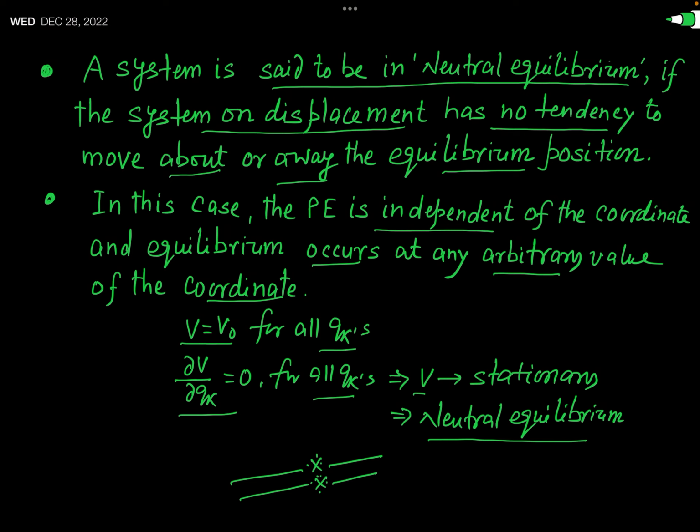So definitely, when we talk about the oscillatory motion or vibratory motion, that motion always takes place about the stable equilibrium position. Vibration will not take place about the neutral equilibrium position. Vibration will not take place about the unstable equilibrium position.